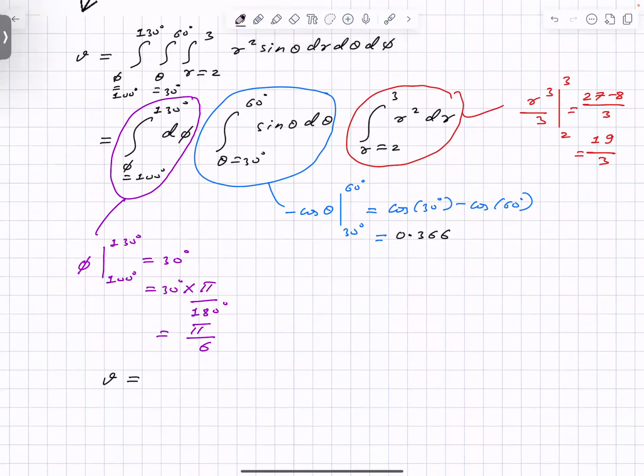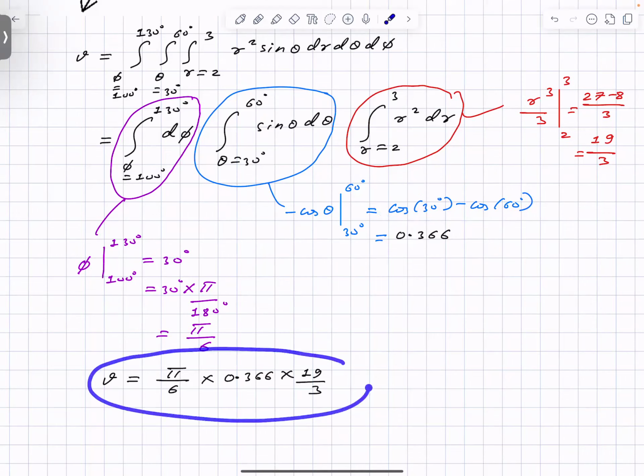So we get V equals pi by 6 times 0.366 times 19 by 3. In the middle, it was okay to keep it in degrees because we're getting cosine of the angles. It's okay if we're getting cosines or sines, but for the first one, we have to convert to radians. So multiplying those three will get the volume.